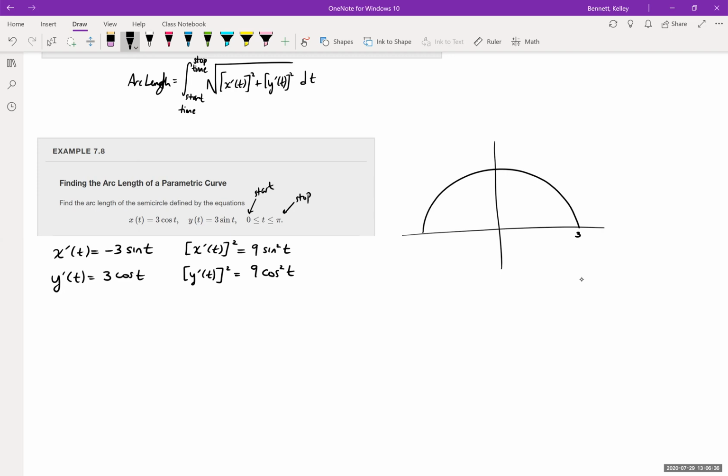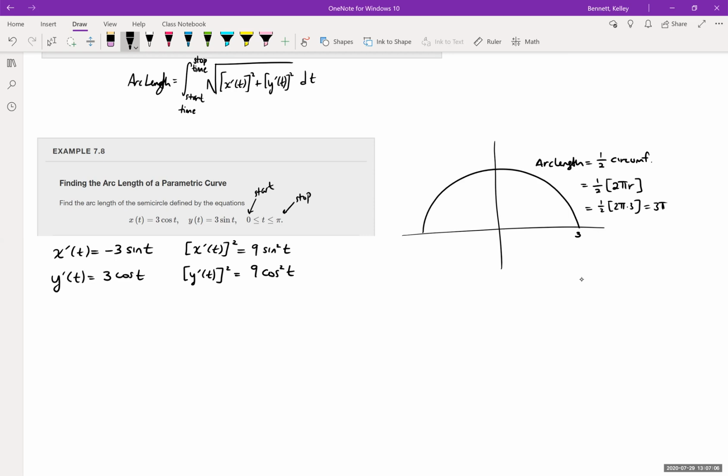So the arc length should be 1/2 of the circumference, which is 1/2 times 2 pi r, which is 1/2 times 2 pi times 3, which is 3 pi. This is the easy third grade way to compute the arc length, except we call it the circumference of a circle, and then we divide it by 2.